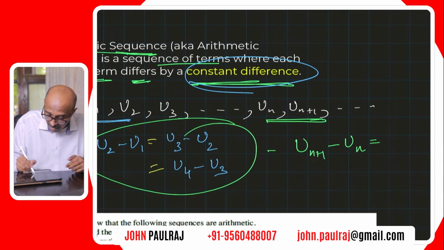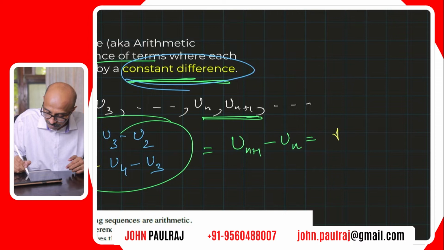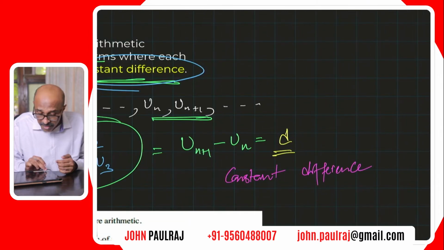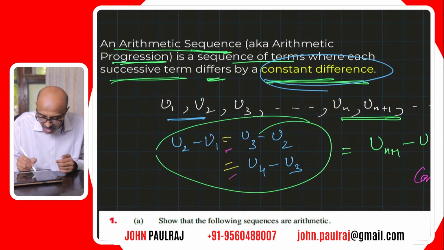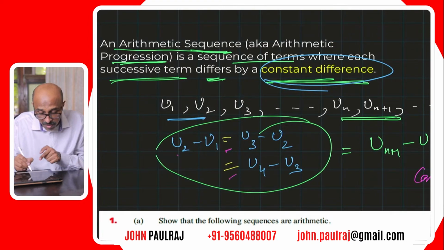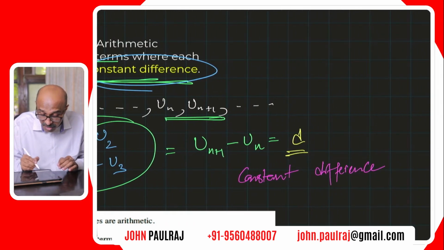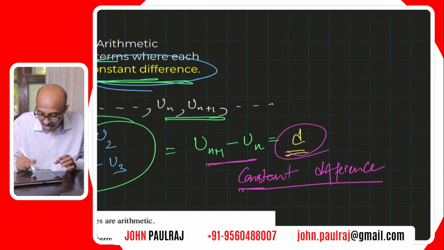We denote that constant difference by the letter D. So if the difference between consecutive terms, U2 minus U1, U3 minus U2, U4 minus U3, is the same for every term, that means UN plus 1 minus UN is the same, and we represent it by D, the constant difference.